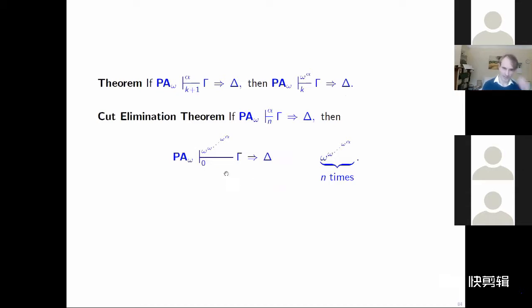And this result entails the consistency of PA, because if an inconsistency were provable in PA, it would be provable in PA omega. PA omega has cut elimination, but there cannot be a cut-free proof of the empty sequent.